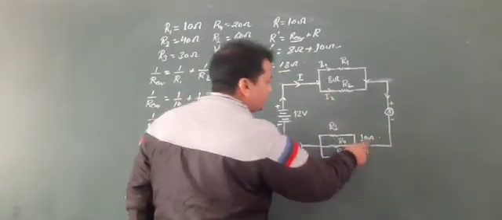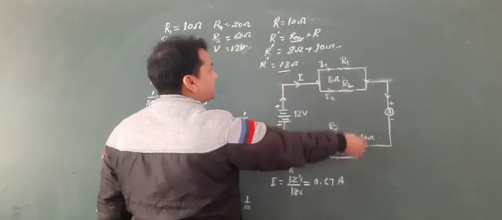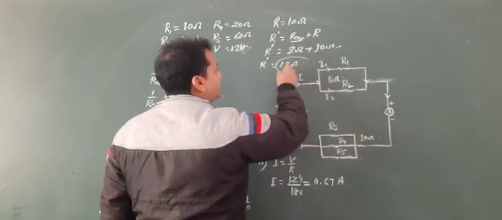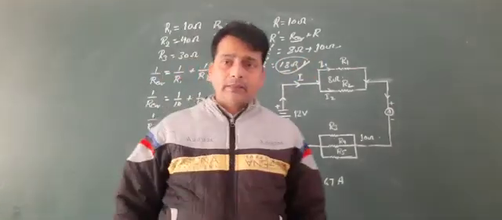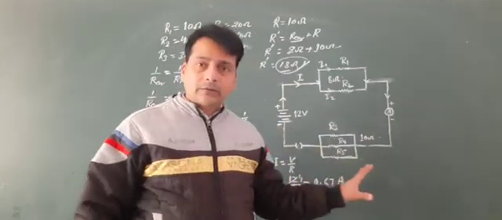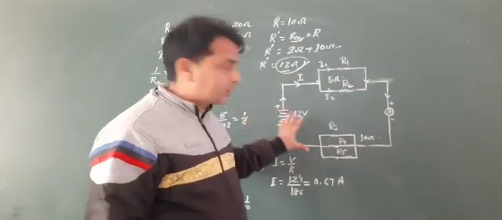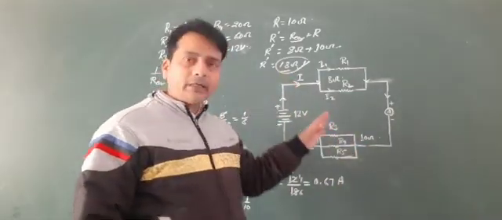So the equivalent resistance in the circuit is 8 plus 10, equal to 18 ohm. So the total resistance in this circuit diagram is 18 ohm.